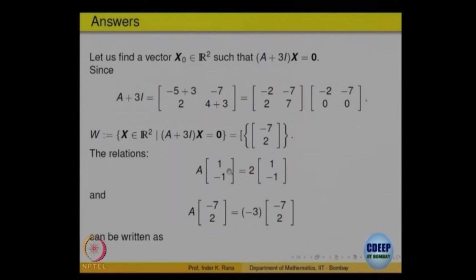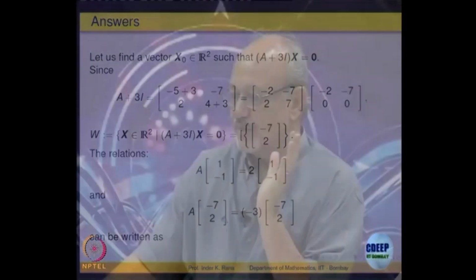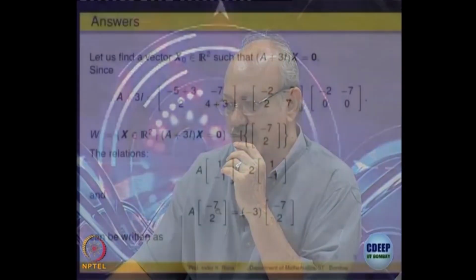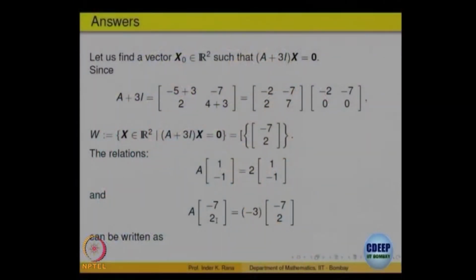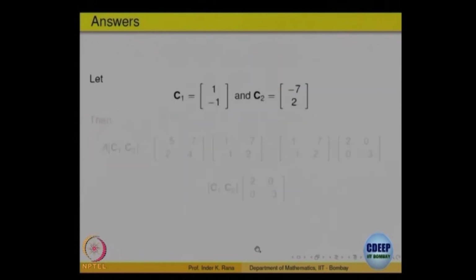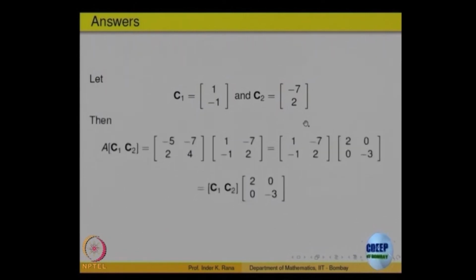So, let us try to combine these two in one equation. How do I combine that? I want to write one equation where both these are captured. Let us call this C1 and that C2 and form a new matrix. Then what is A applied to this matrix? It will be AC1 plus AC2.